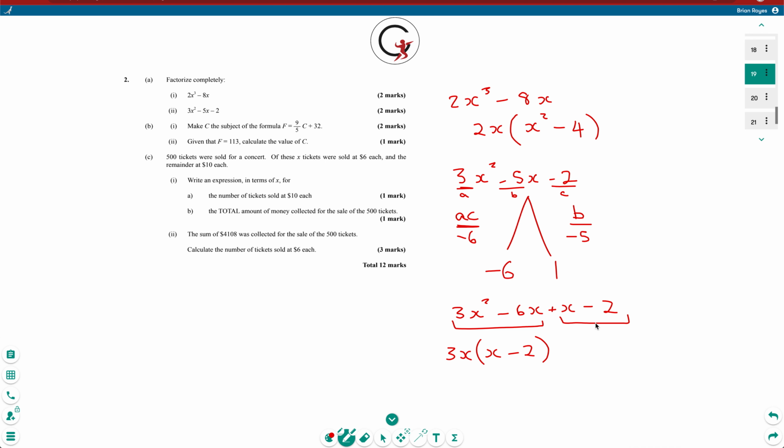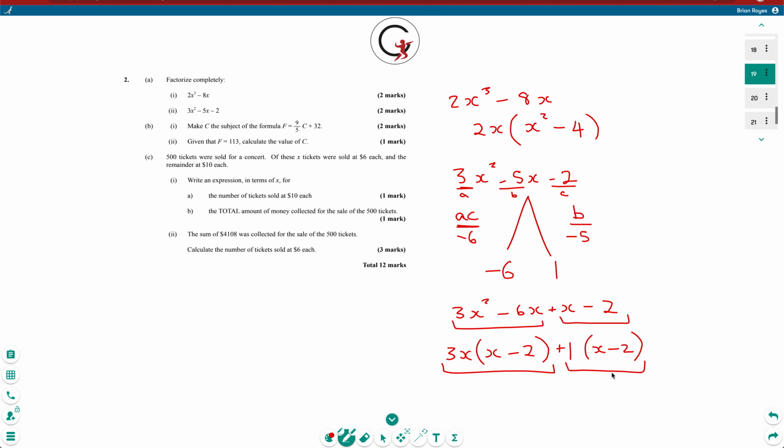All right, really nice. And what is common to, in this last pair, x and minus 2? On the surface, it seems like nothing, but when that's the case, that means that 1 is the highest common factor. If you factor a 1 from everything inside, you're left with the same exact thing. Now what you'll realize is that x minus 2 appears in both of these terms.